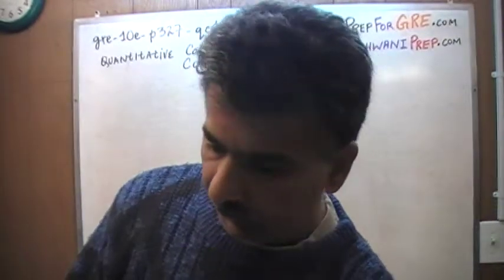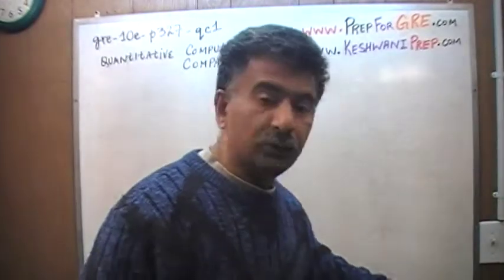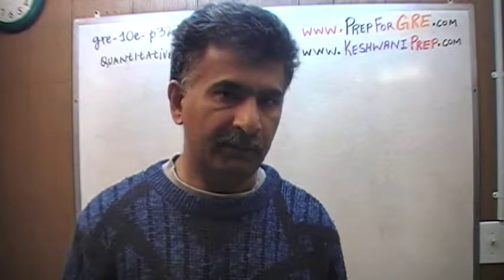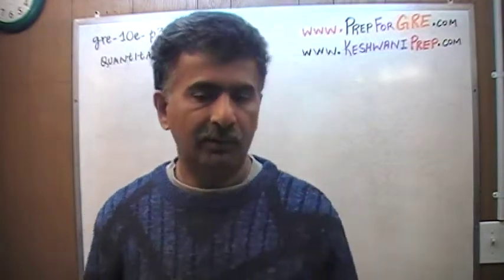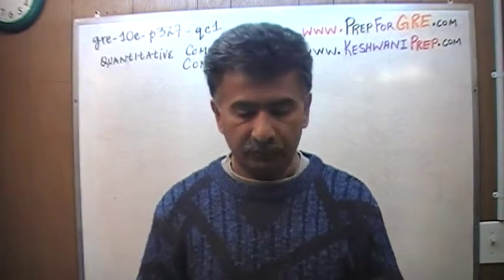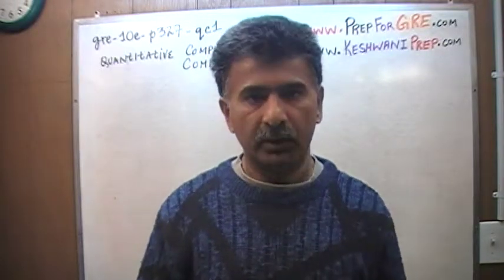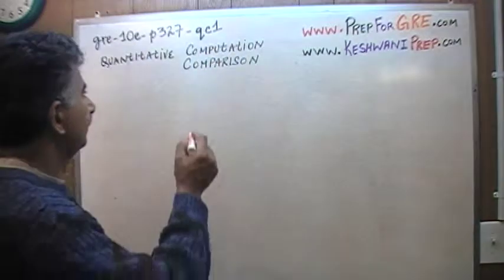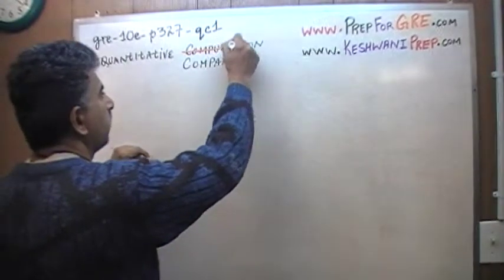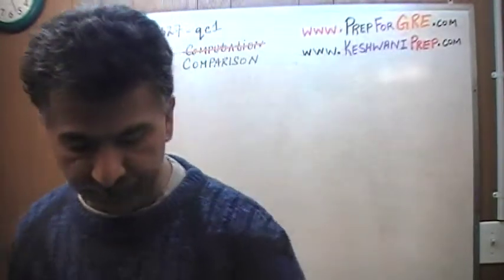Your job here is to compare the two quantities that are given to you in the two columns, and then decide if the quantity in column A is bigger, or if the quantity in column B is bigger, or if the two quantities are equal, or if there isn't sufficient information to ascertain which one is bigger or if they're equal. But the point here is that you are to compare the two quantities, not compute them, which is why I write down the word computation and cross it out for emphasis that you are not to compute them, you are to compare them.